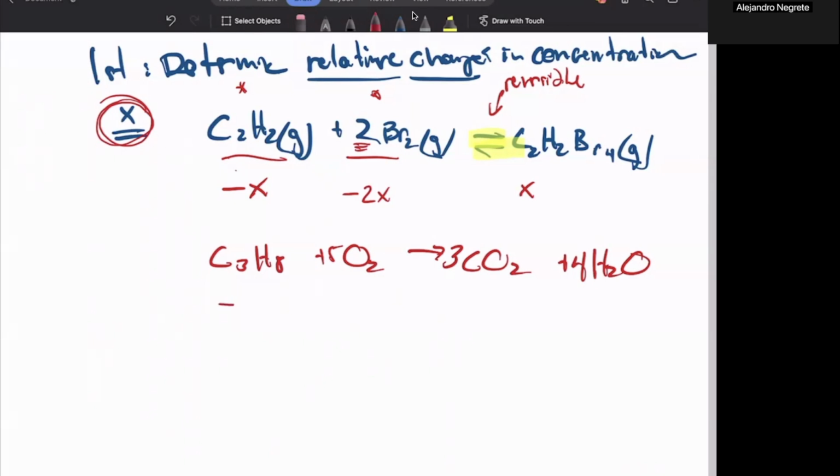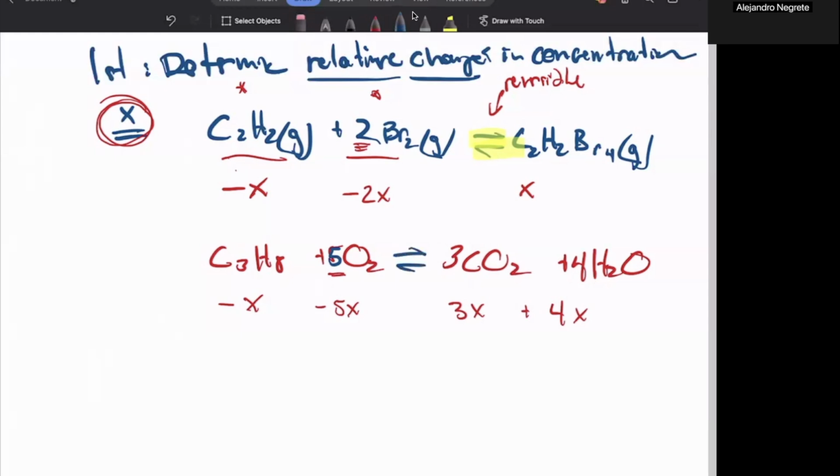It's going to consume this, so I'm going to put minus X, and because of this 5 here, we're going to write minus 5X. Then over here, it's going to produce 3X and also make 4X. So positive 3X, positive 4X. Now, I should have put the reversible reaction arrow in here, so let me fix that.